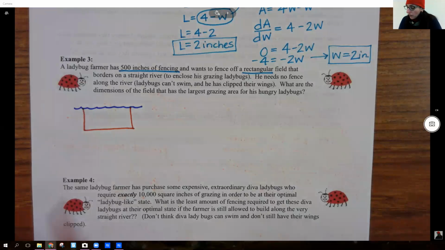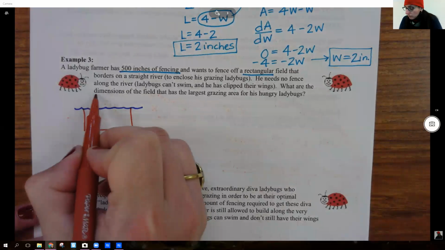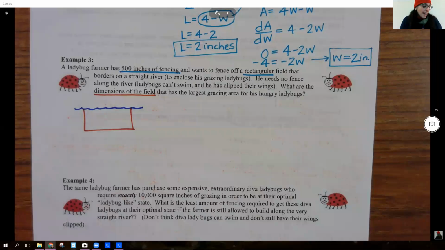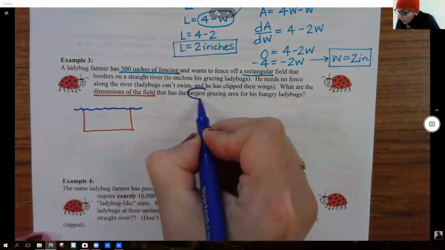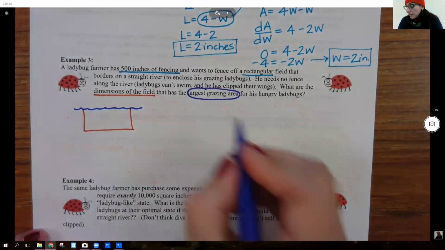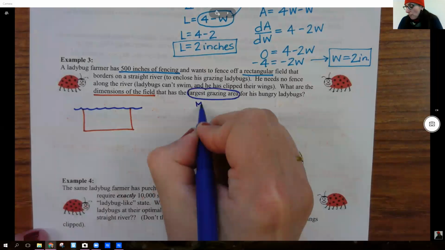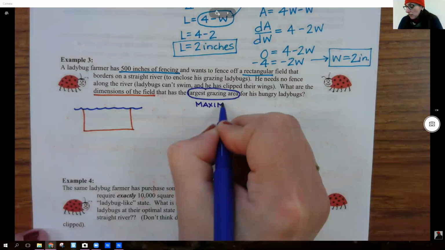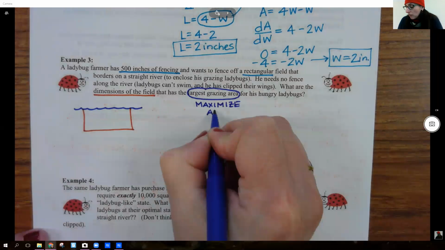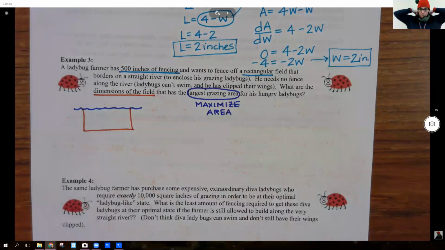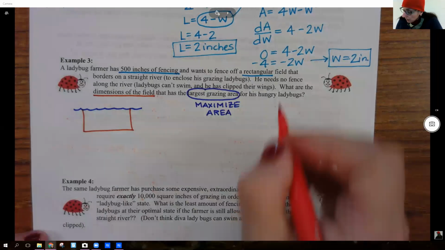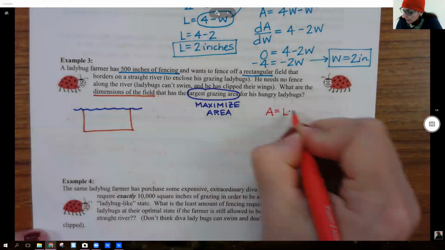So we're looking for dimensions again that has the largest grazing area. That is subtly telling you that you need to maximize area. Since it's a rectangle, and we just did a rectangle problem, the area for a rectangle is length times width.